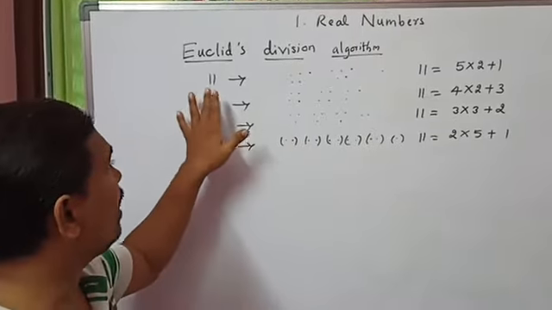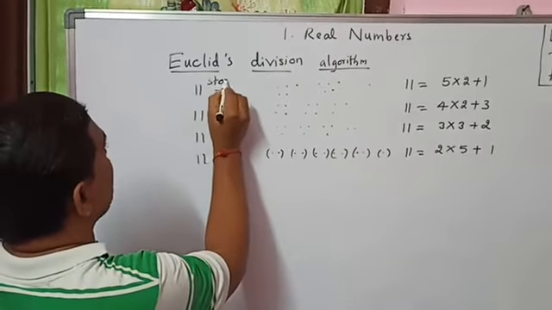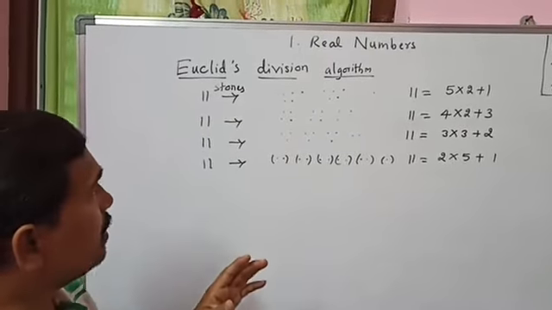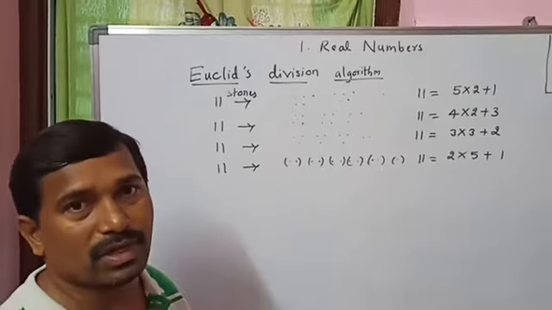For example, I have 11 stones. I am distributing 11 stones, 5 each to the students.